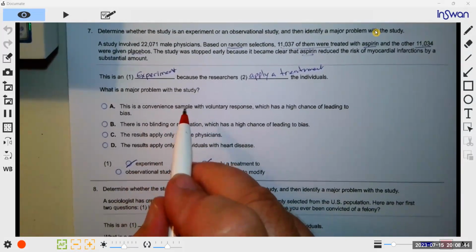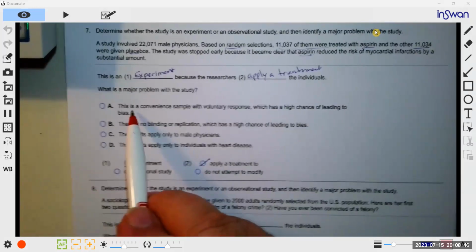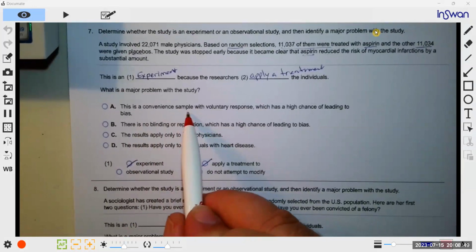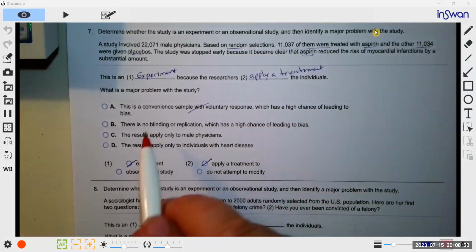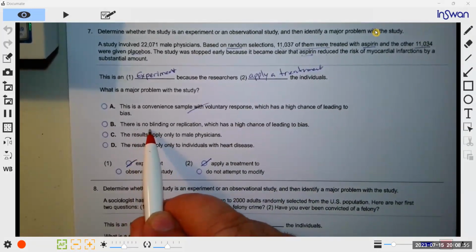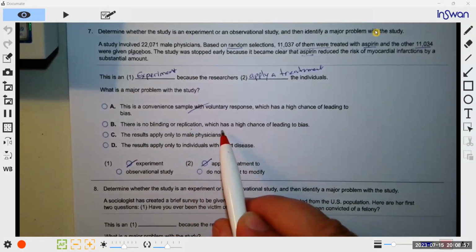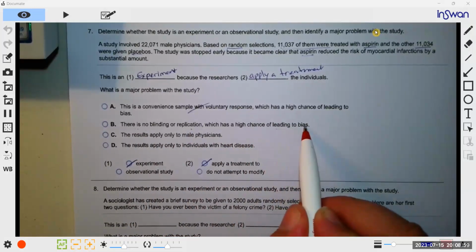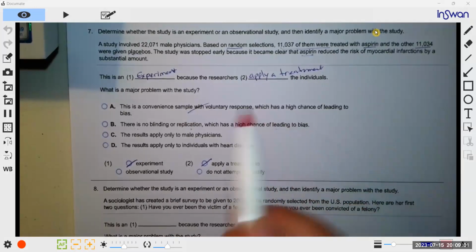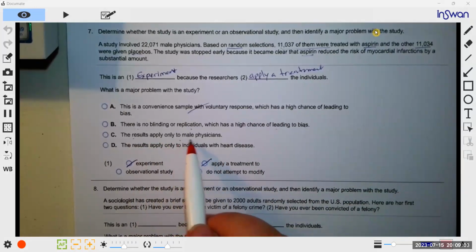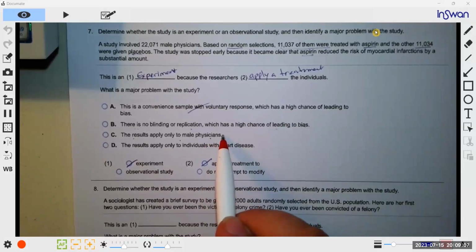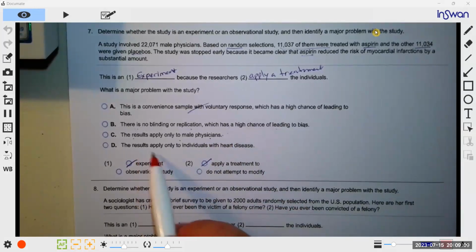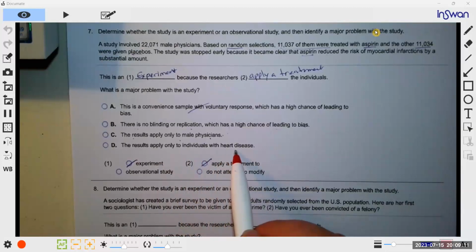The major problem of this study: this is a convenience sample with voluntary, no, it's not a convenience. You have the two groups. There is no blinding or replication, which has a high chance of leading to bias. The results apply only to male physicians. Yes, okay, both of these sound pretty good. The results apply only to individuals with heart disease.